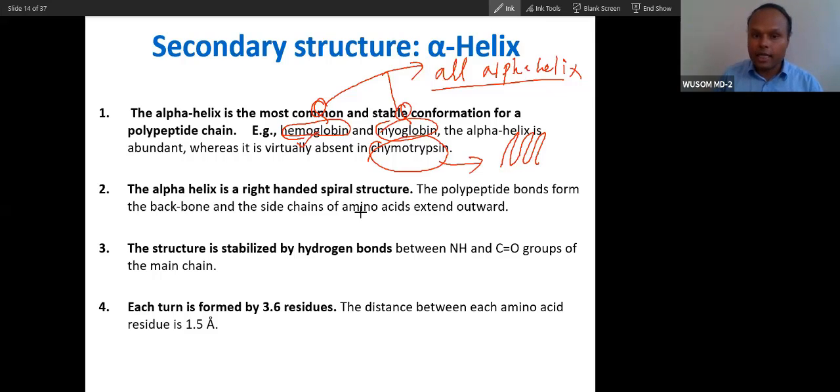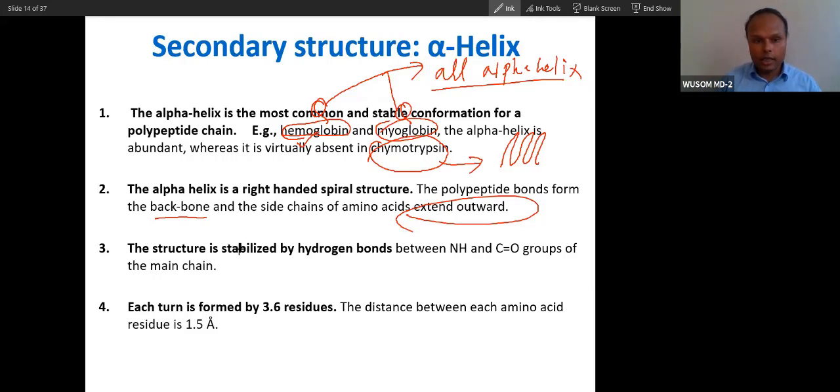Alpha helix is right-handed, as I've already described. This is a right-handed structure, and the polypeptide bond forms the backbone, N-C-C. The side chains of the amino acids extend outward. Now, the structure is stabilized by hydrogen bond.